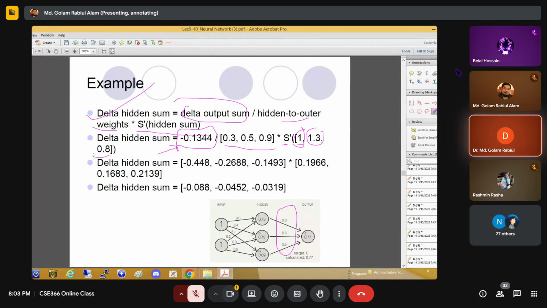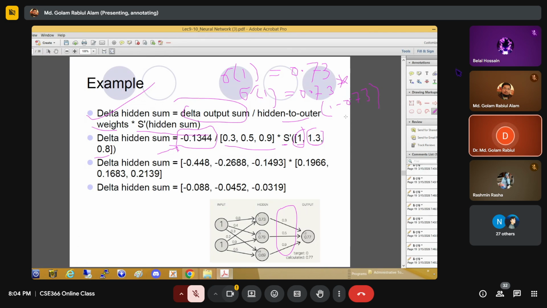Like the sigmoid of 1, previously in our forward propagation we calculated the value is 0.73 something. Then the derivative of the sigmoid of 1 will be 0.73 times 1 minus 0.73.